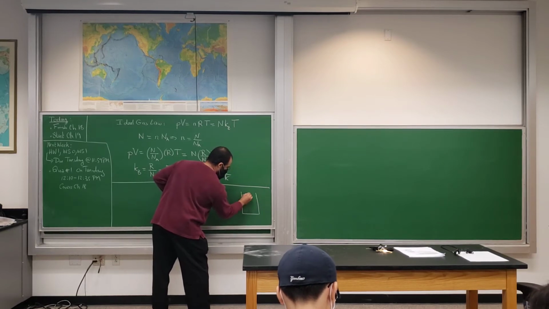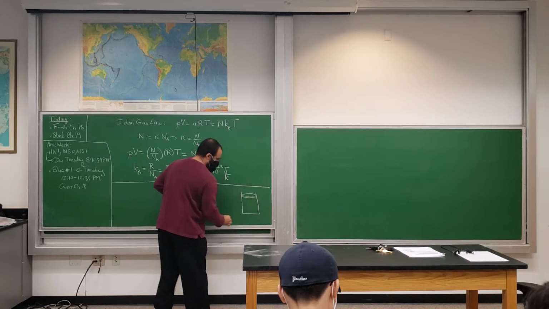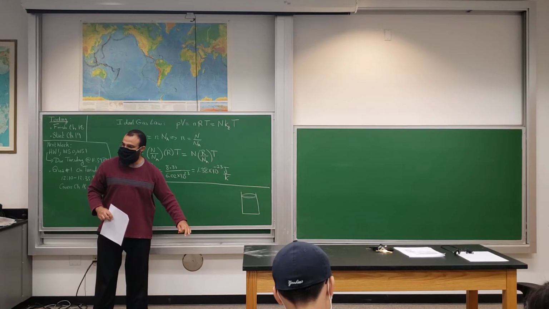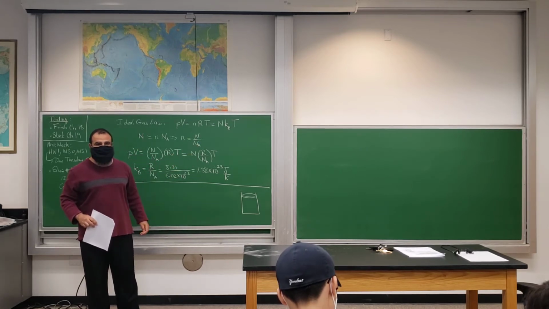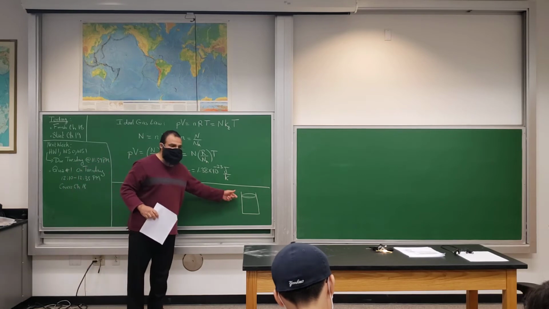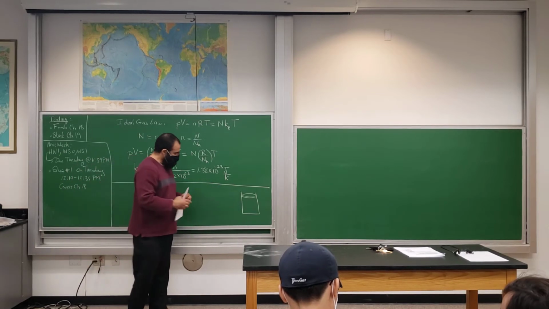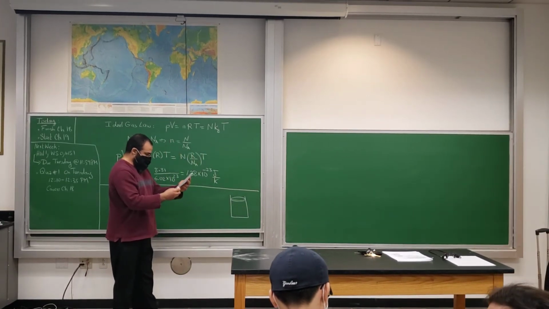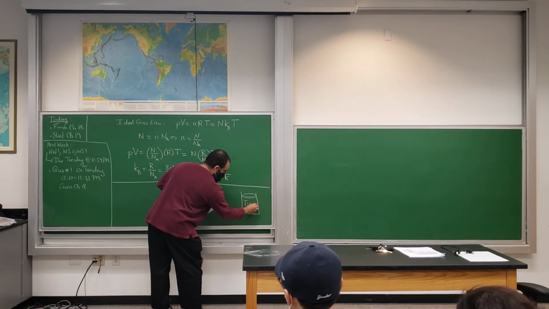It's always in a cylinder that has some kind of a piston. And we want that piston so that we can compress our gas or we can expand it, make the volume smaller or larger, okay? And we usually ignore the friction. We say the piston is frictionless, so we don't want to deal with friction, okay? So the gas is here, and it is at T equal to 0 degrees Celsius.